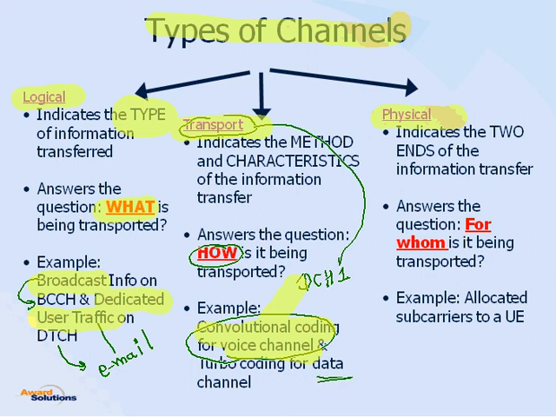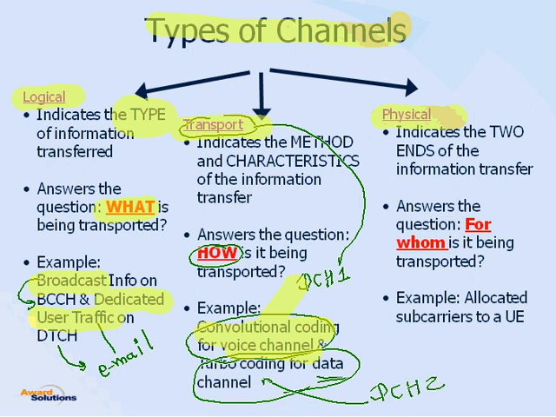For our packet data, where we may have thousands and thousands of bits, we need a very powerful coding mechanism, and turbo coding will help us protect the information. So we are doing a different type of protection, different type of redundancy. So that would be another transport channel, dedicated channel number 2.